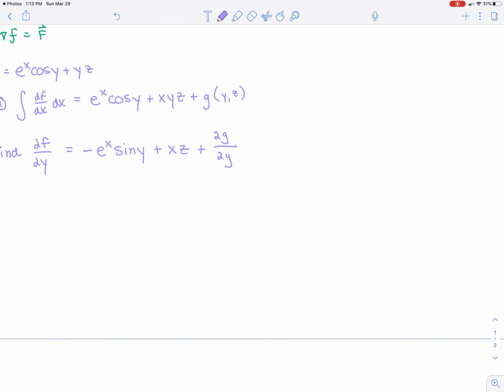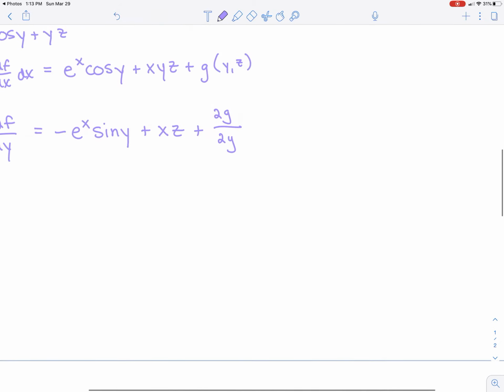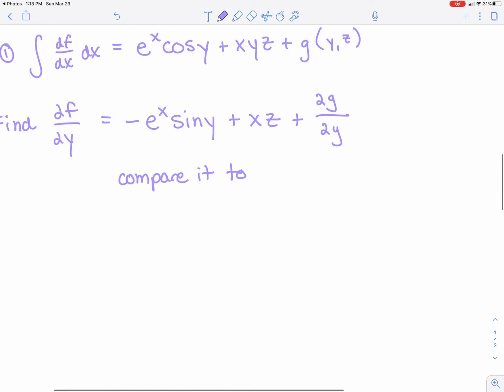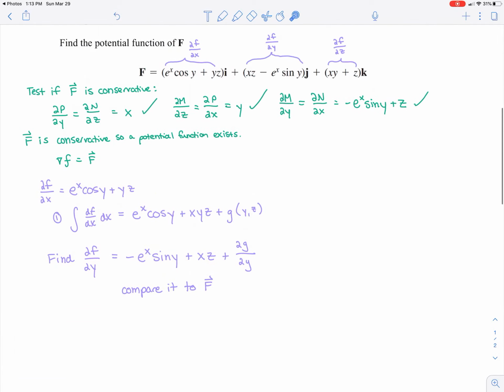And now we compare it to f. We just constructed this df dy from our potential function, and we know it needs to be equal to this.